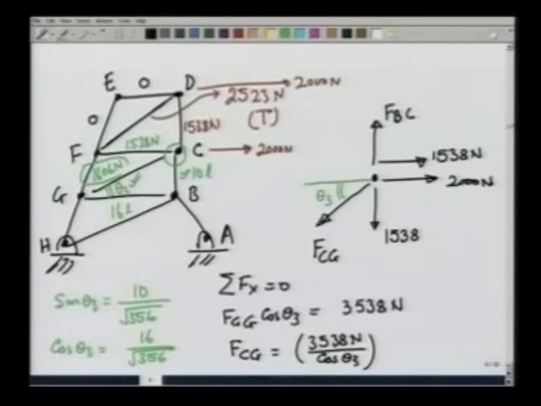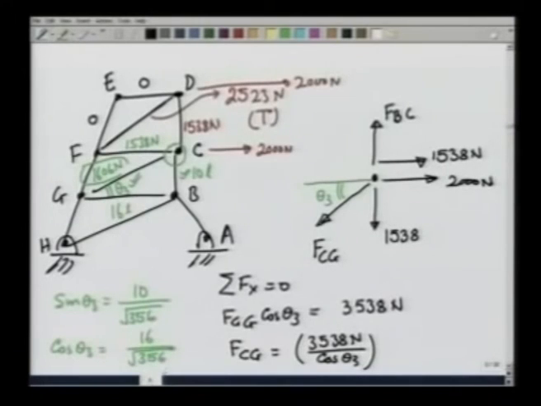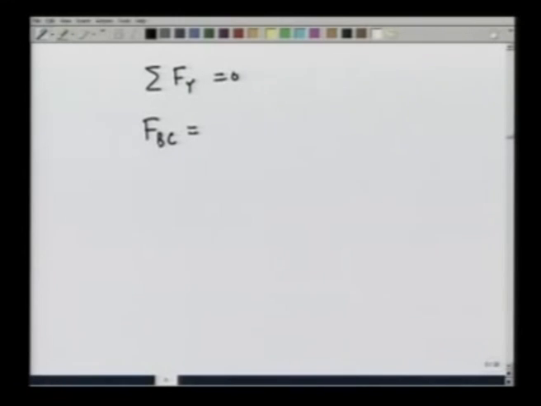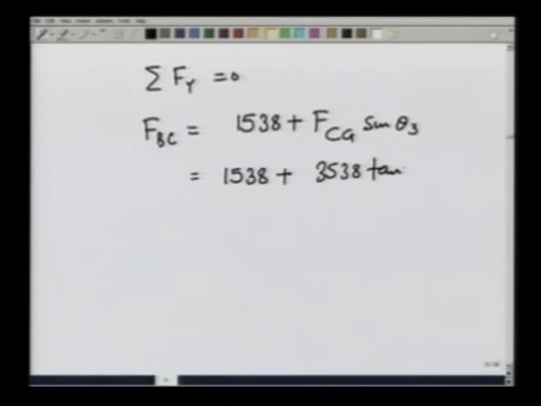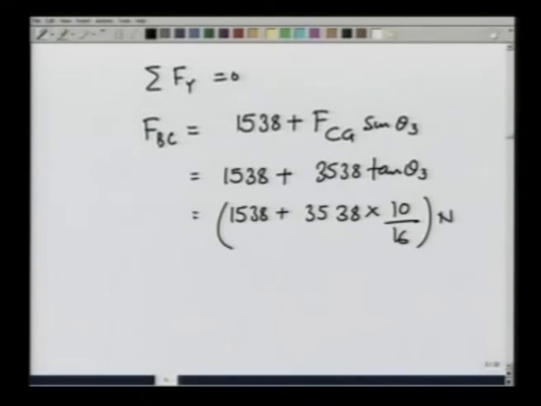Once I have known that, I can also calculate F_BC by saying that summation F_y equals 0, and that in this case gives me F_BC equals 1538 plus F_CG sine theta 3, which is 1538 plus 3538 tangent of theta 3, which is nothing but 1538 plus 3538 times 10 over 16 newtons, which is approximately 1538 plus 2211, which is 3743 newtons, and is pushing point B up, and therefore, this is compressive.